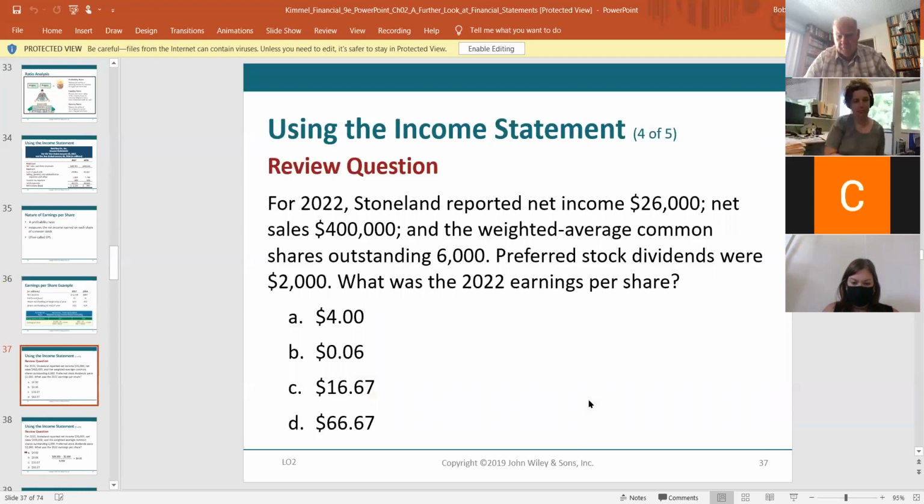Here they do have preferred stock dividends. So the net income was 26,000. We have to subtract from that the 2,000 preferred stock and then divide it by the 6,000.